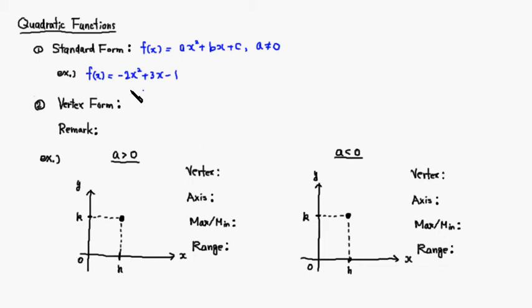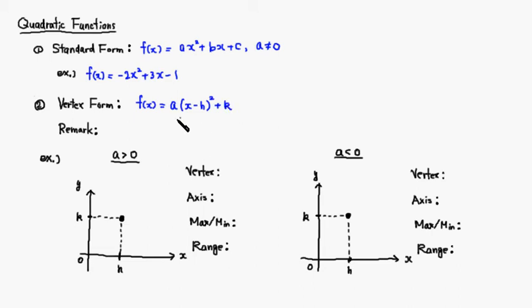But this is not very convenient in terms of sketching the graph, because we cannot see the transformation very well. Right? And there's an alternative form called the vertex form, which goes something like this. f of x is equal to a times, all right, it's the same a, times quantity x minus h quantity squared plus k.